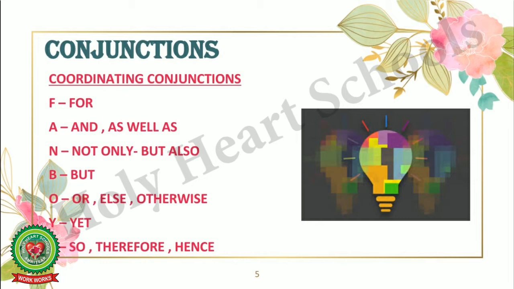So let us recapitulate the coordinate conjunctions. Now children, here you can remember the coordinate conjunctions by an acronym, that is FANBOYS, where F stands for for, A for and, or you can use as well as, N for not only but also, B for but, O for or, and at the place of or you can use else and otherwise also.